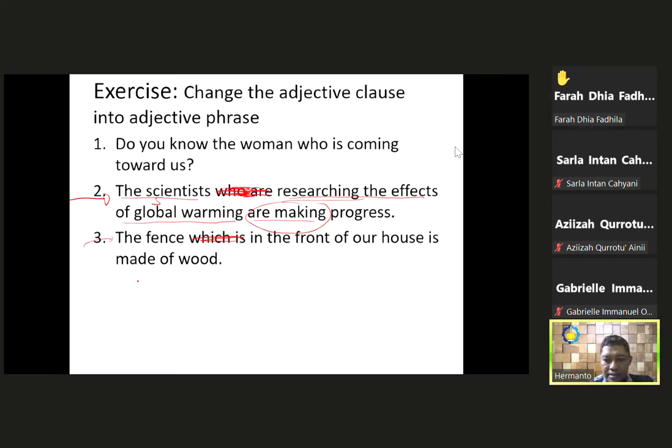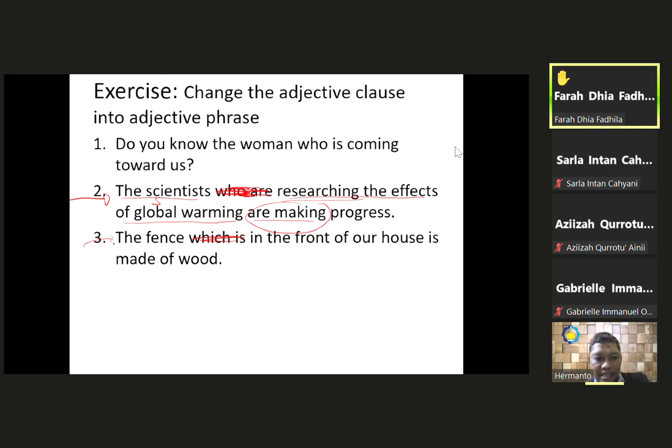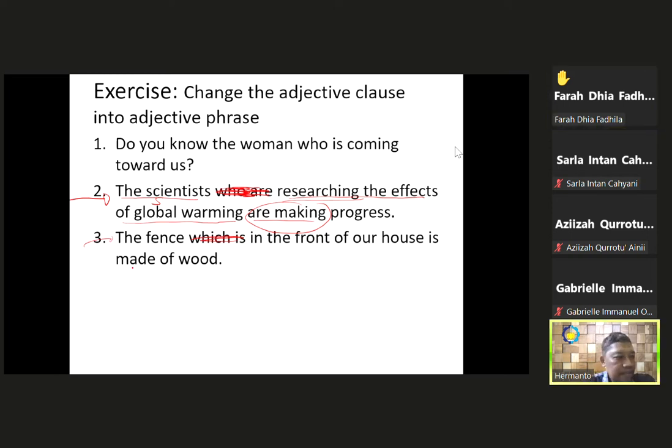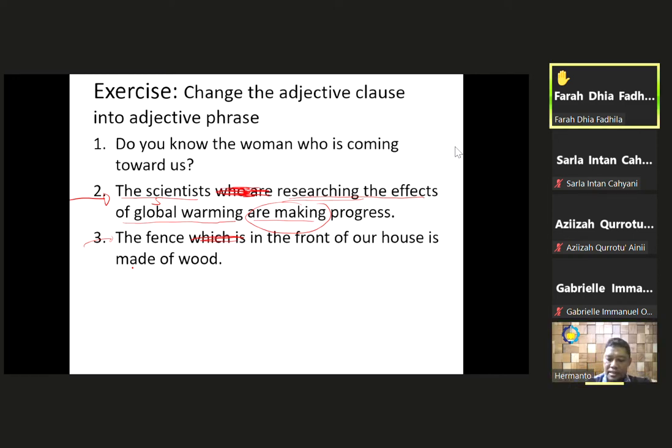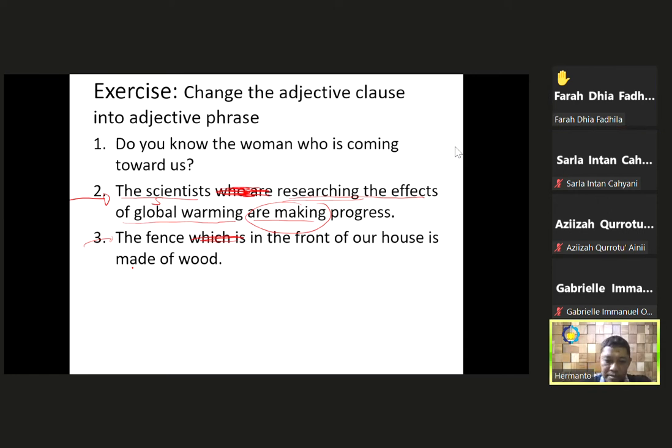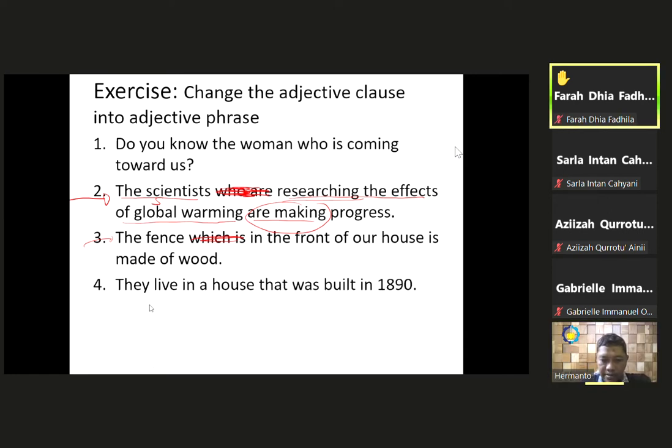What is the predicate? Is there any predicate? Yes, it is a sentence, so it must have a predicate. The predicate is made. It's made of. Okay. Next, number 4, everybody.